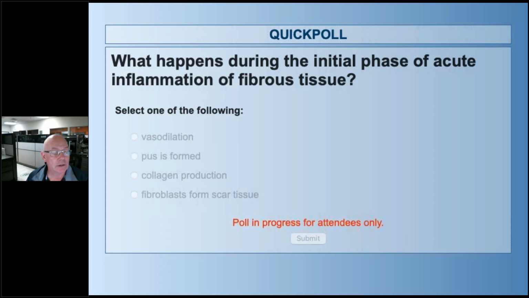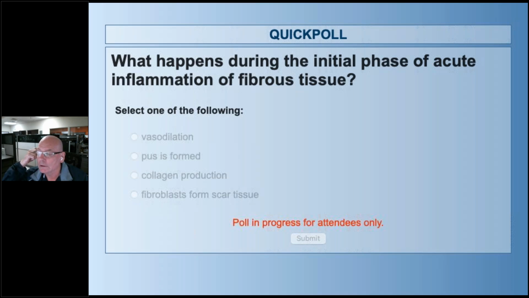Is it vasodilation, pus, collagen production, or fibroblasts forming scar tissue? Let's see, we're at 59%.